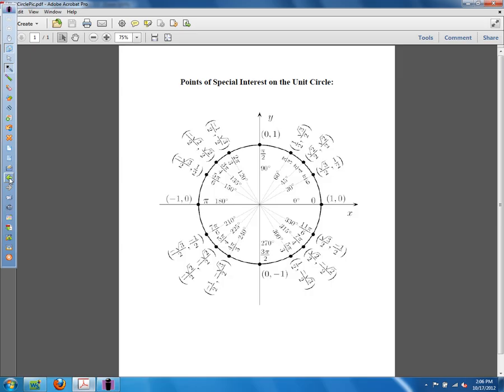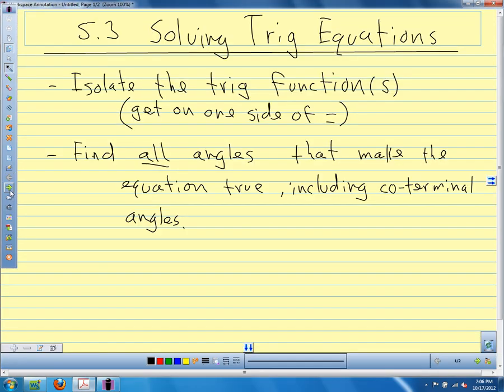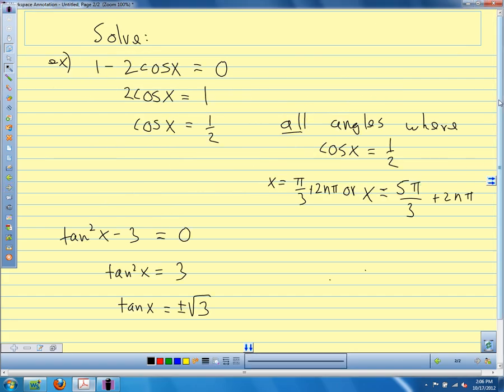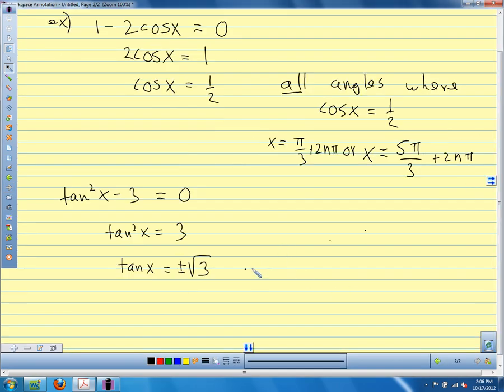So we go back to our problem, and this tells us that x equals pi over 3. And what is the period of tangent?